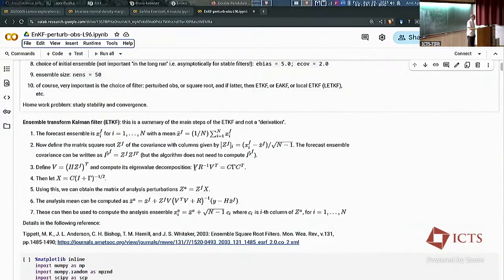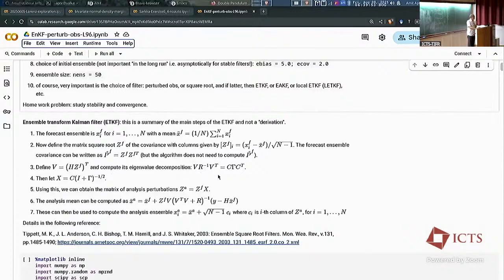So you do the eigenvalue decomposition of this symmetric matrix, call that C gamma C transpose, and write X to be this combination. I'm not giving any motivation whatsoever, I'm just throwing algorithms at you, but whatever. And then obtain Z analysis as the original forecast deviations multiplied by X, as defined over here.